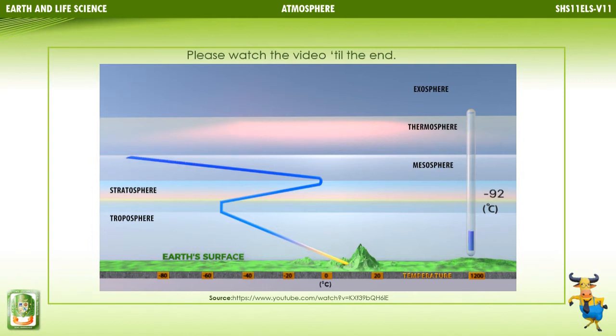Then, the temperature ranges from -2 degrees Celsius to -92 degrees Celsius at the upper boundary of the mesosphere. After that, the temperature rises from -92 degrees Celsius to 1,200 degrees Celsius near the upper boundary of the thermosphere.